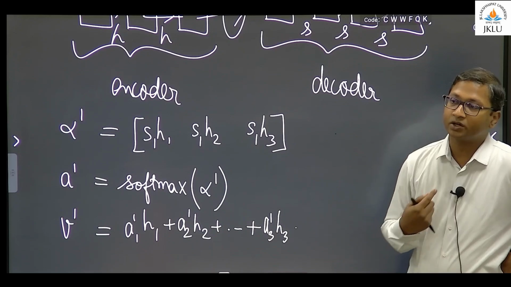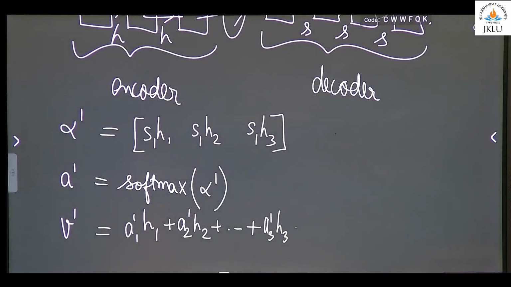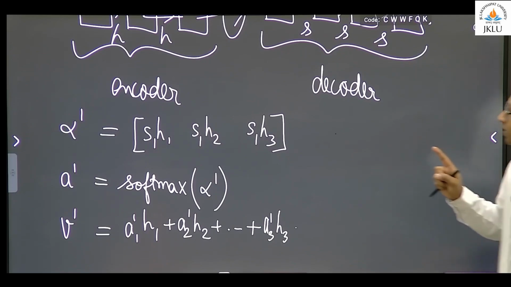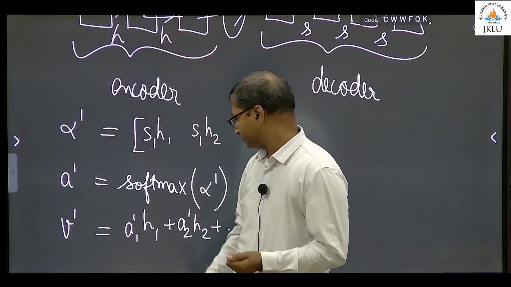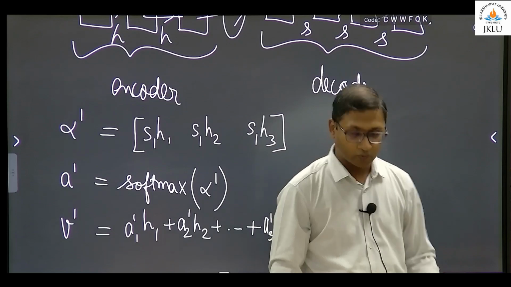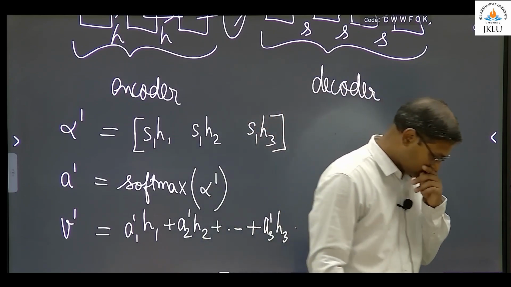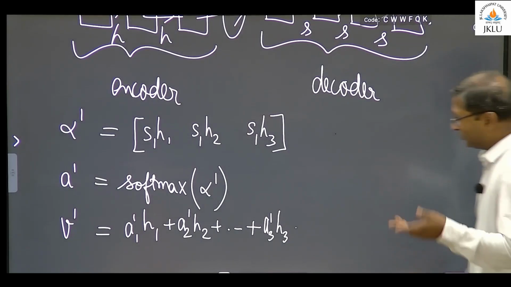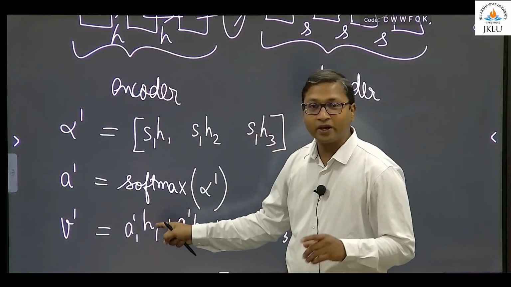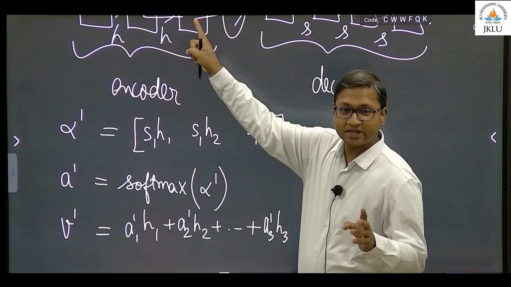This is a linear combination of hidden vectors. So H1 corresponds to the first timestamp, H2 corresponds to the second timestamp, and so on.